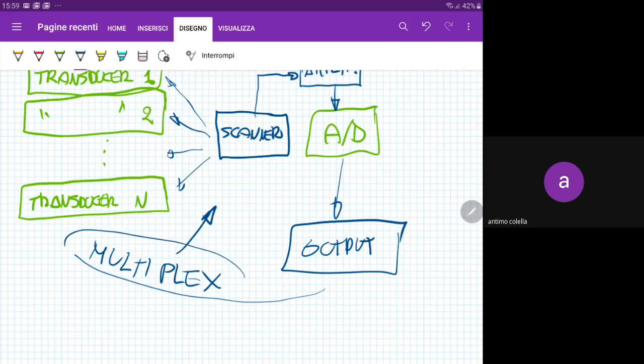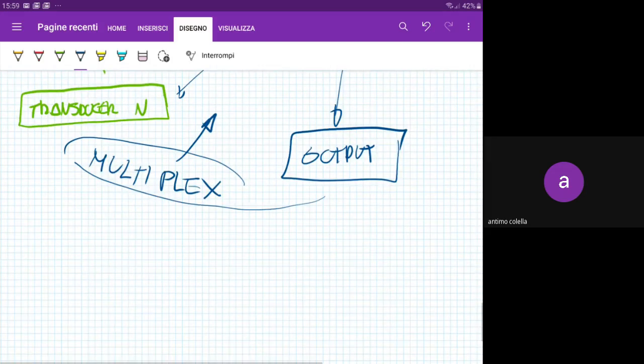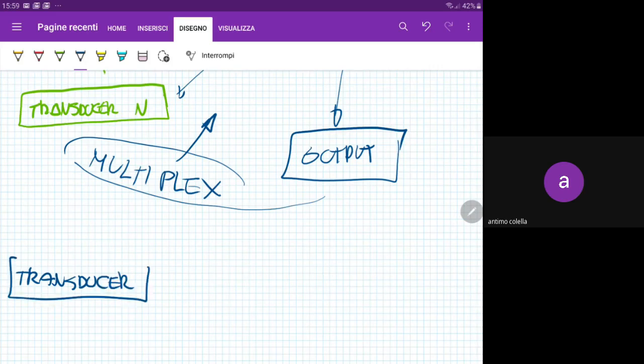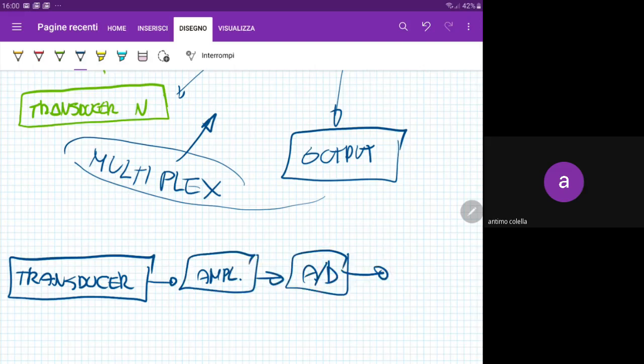Just a straight measurement that is formed by a transducer. Then we have the amplification stage, AD, and then whatever output stage.